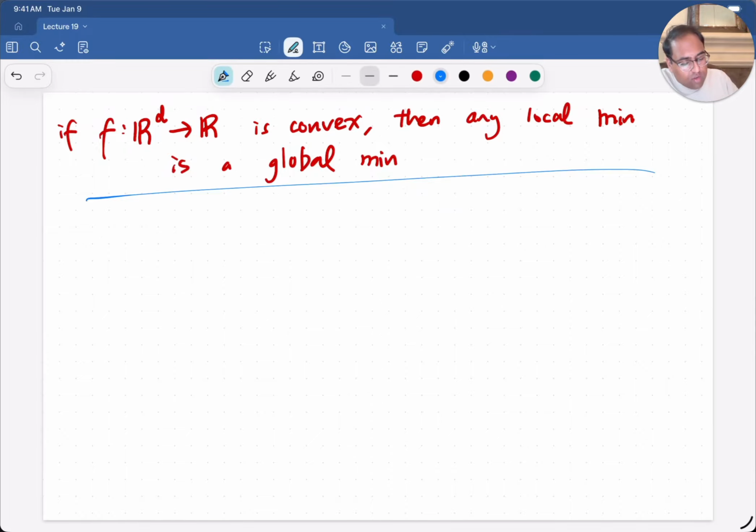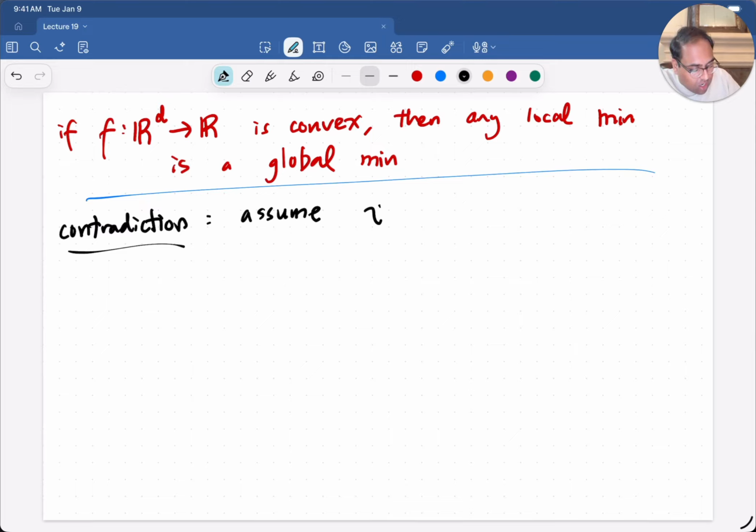So let's start by contradiction. Let's assume x star is a local minimum, but z is a global minimum.